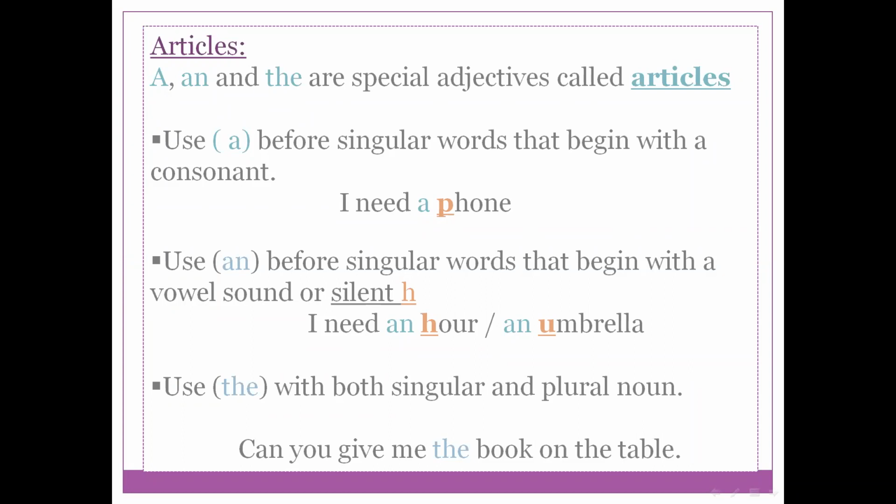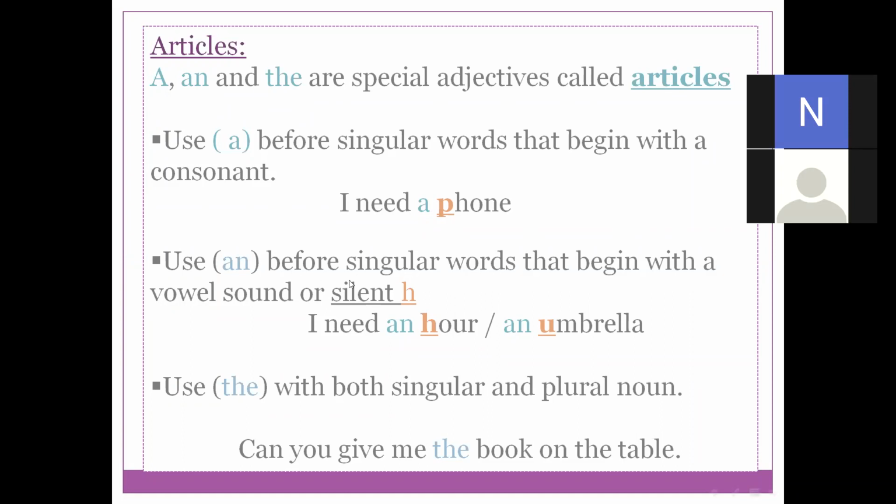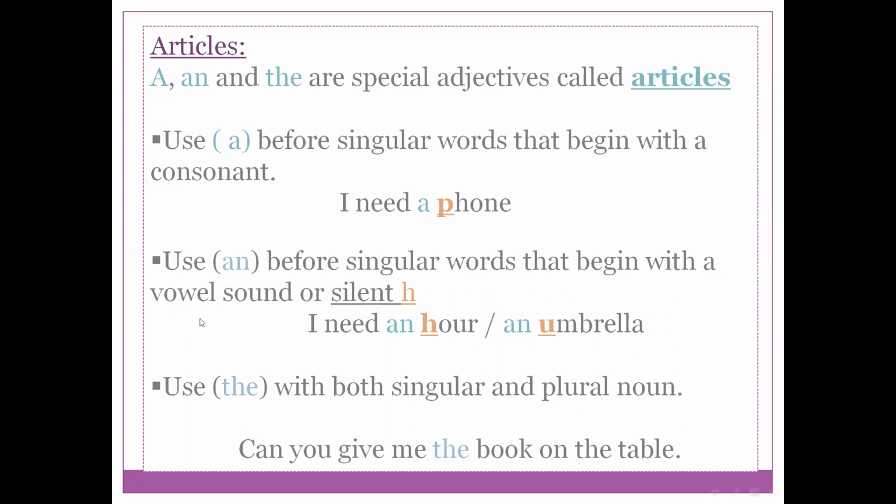I need you, girls, to remember that a and the are articles. We use a with a singular noun and with what? With a consonant. And we use an with a singular noun and with what? With a vowel sound or silent H. And we can use the with singular and plural nouns. Singular is when we have only one thing, and plural is when we have more than one.